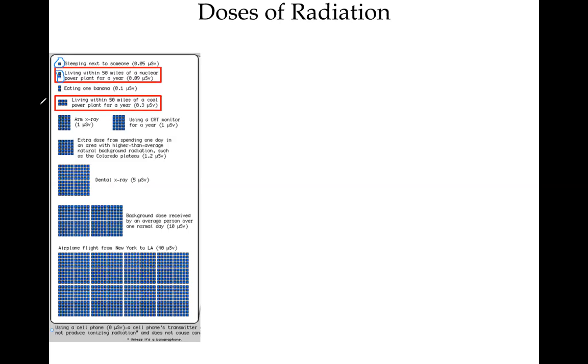And you're going to have about 0.1 microsieverts, which is also the same as eating 1 banana, because bananas have potassium, and potassium has radioisotopes, particularly potassium 40.